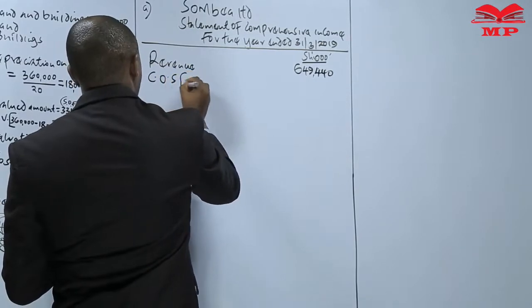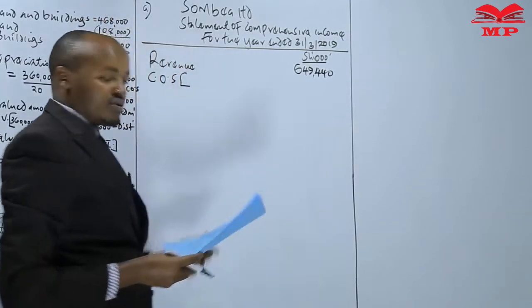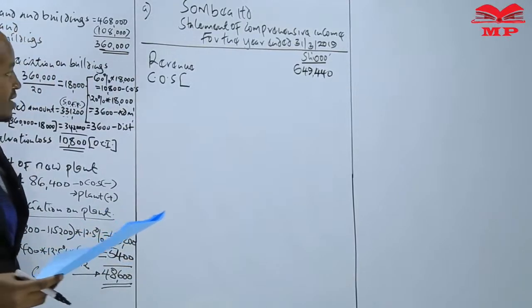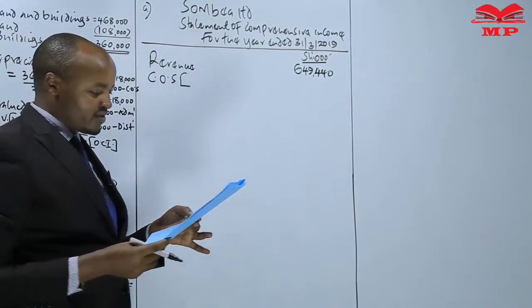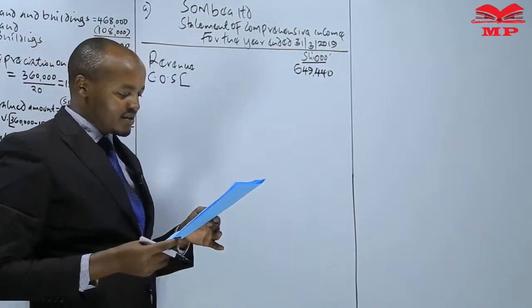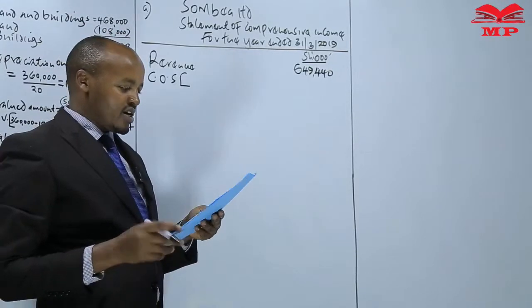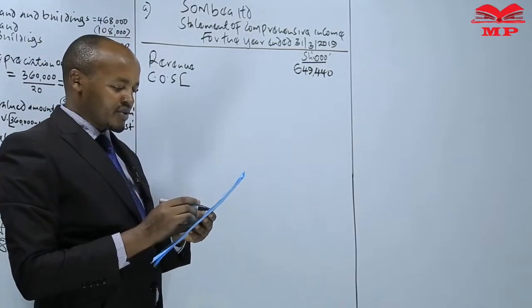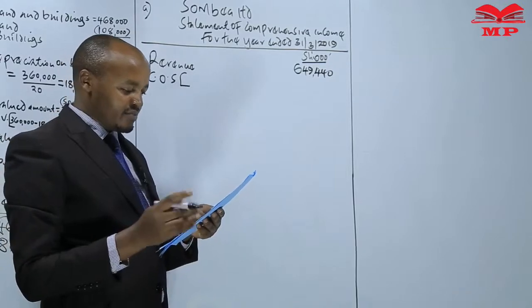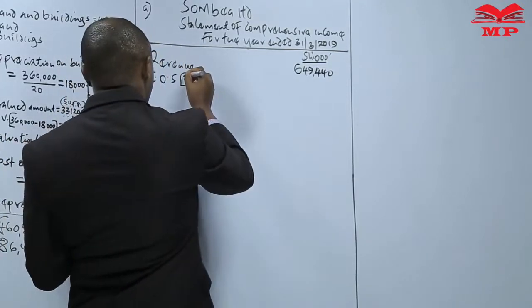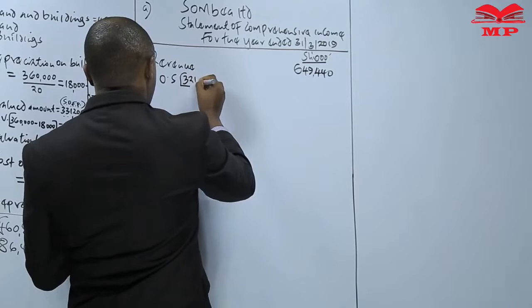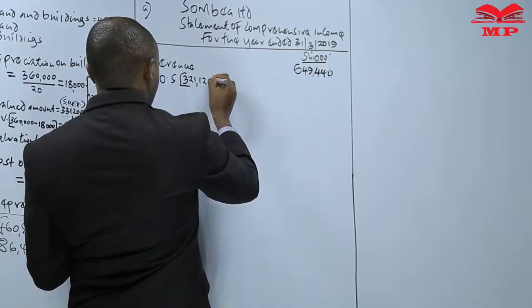Now, the cost of sales here will have a number of adjustments, but I think what we need to do is to take the cost of sales which we have in the trial balance, which is given as 321,120.